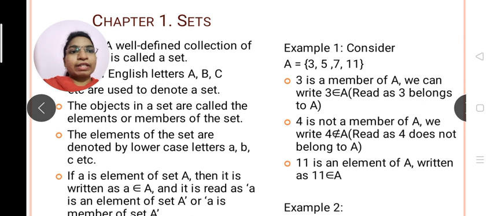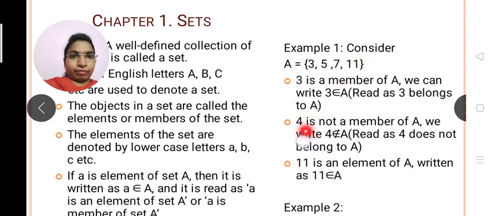Now listen, 3 is a member of A. Yes, we can write 3 belongs to A. We can read it as 3 belongs to set A. Now 4 is not a member of A. Is 4 there in this set? No, there is no 4 in this set.